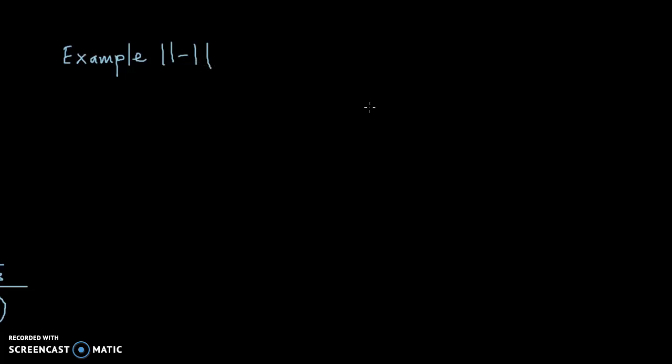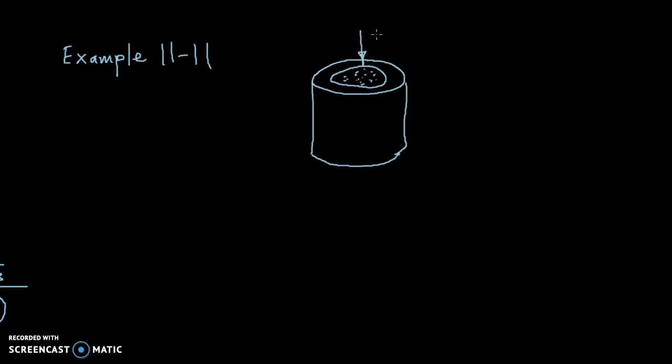11.11. And in this problem, we have a steel pipe. It's a hollow pipe, cylinder shaped, and it's filled with concrete. We apply a compressive load to it equal to 100,000 pounds, which of course is equal to 100 kips.